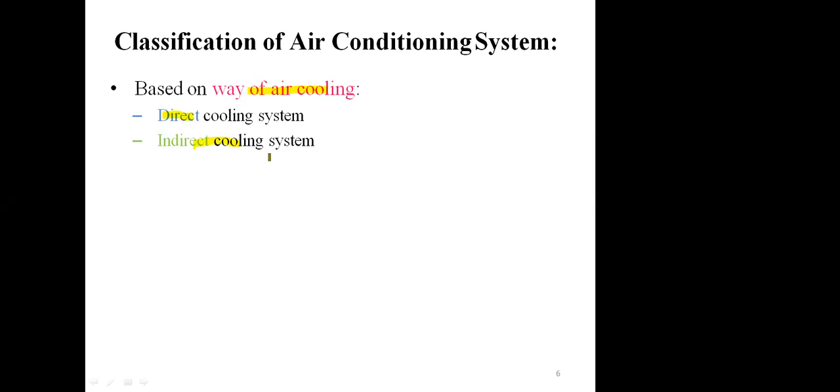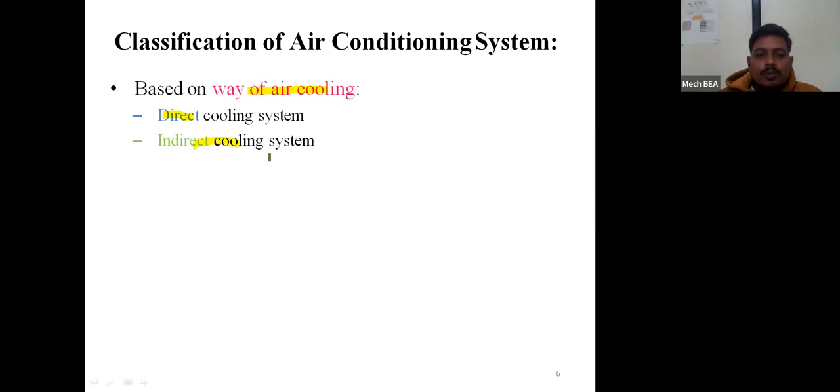So based on way of air cooling, there will be two types of air conditioning system. First one will be called the direct cooling system. Second one will be called the indirect cooling system. Difference I have told. Direct cooling means the primary refrigerant is directly absorbing the heat or directly cooling the air which we want to cool.